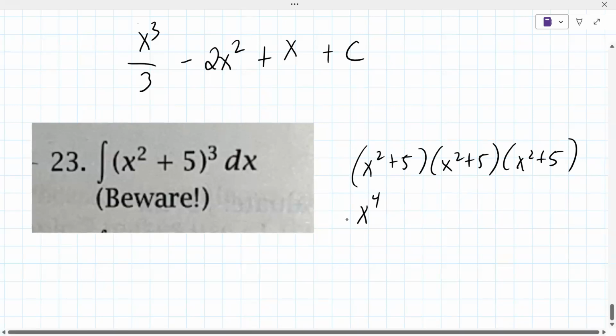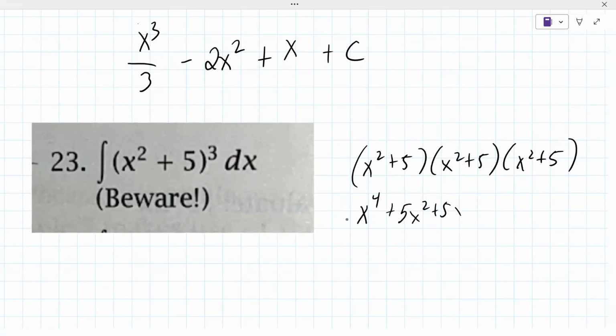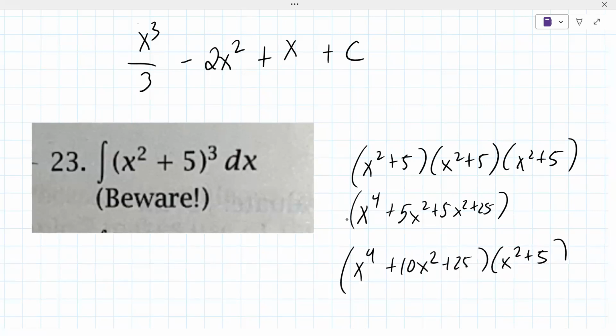So you FOIL: x to the fourth plus 5x squared plus 5x squared plus 25. So that becomes x to the fourth plus 10x squared plus 25 times x squared plus 5. And then you have to multiply this out.